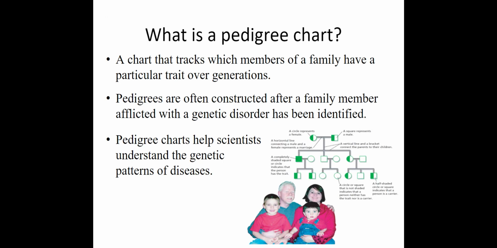A pedigree chart is a chart that's made to track which members of a family have a particular trait over generations. Usually these pedigree charts are made after a family member is identified as having a genetic disorder, and then the geneticist can track which people within the family have that trait and which ones are carriers, how that trait got passed, and the likelihood of somebody else inheriting that trait in future generations.